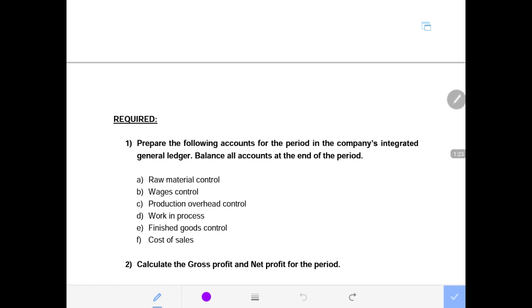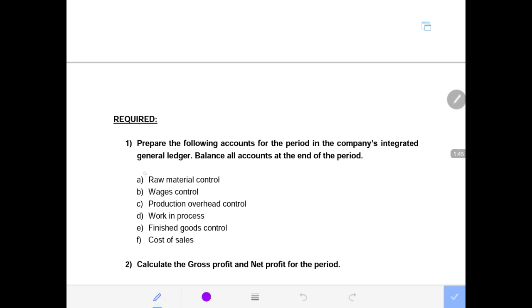Then that becomes financial accounts. Some companies produce a product through the conversion of raw material using conversion cost, and that becomes a finished product that they sell to a customer, which is the integration of the cost accounts and the financial accounts.